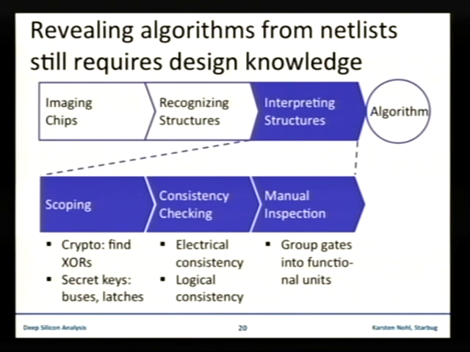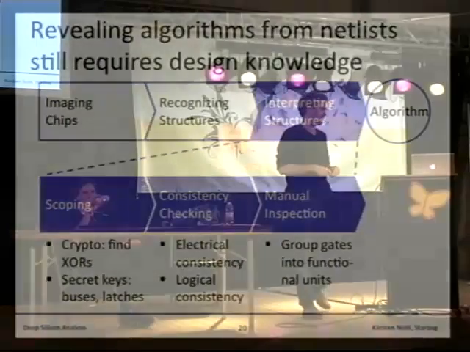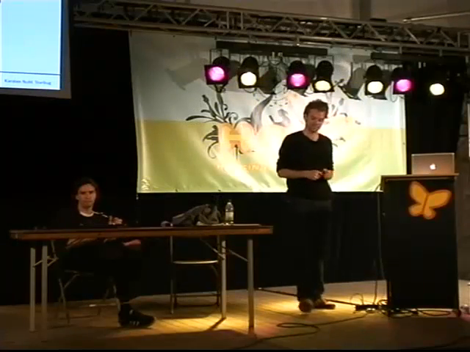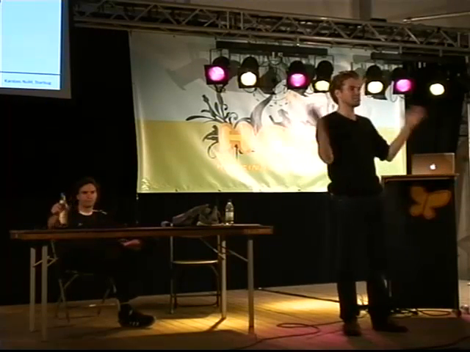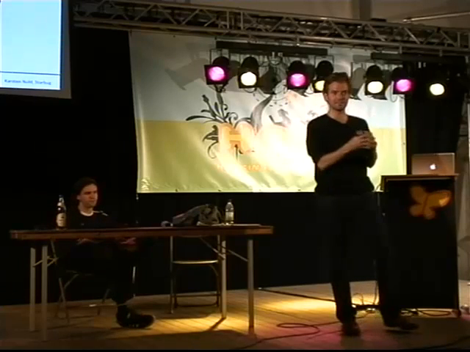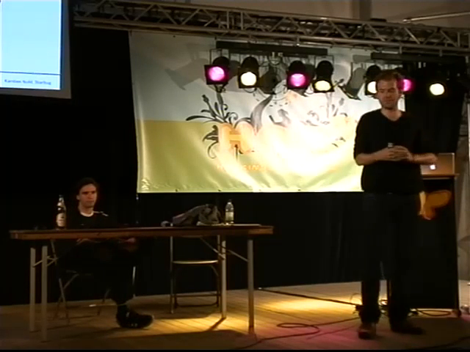Let's now quickly cover the last step of the reverse engineering process, interpreting those connections and gates that the D-Gate tool gave you. Since we don't want to do more work than absolutely necessary, we first want to limit our scope to exactly those functions we want to reverse engineer.